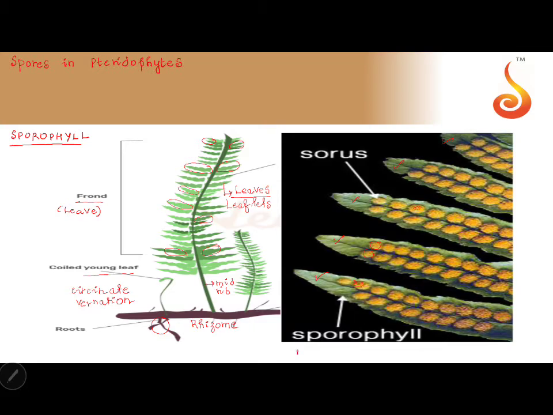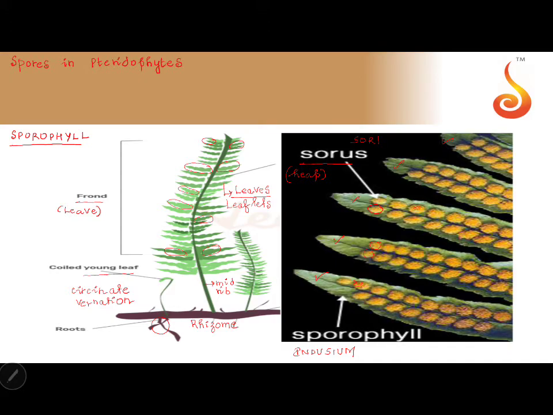We call it indusium, the membrane which covers the structure producing spores. Now what do I call each button-like structure? As sorus. The word sorus means heap, because the spores are heaped up in a structure, it is called sorus. I see many of them here, so the plural is sori.